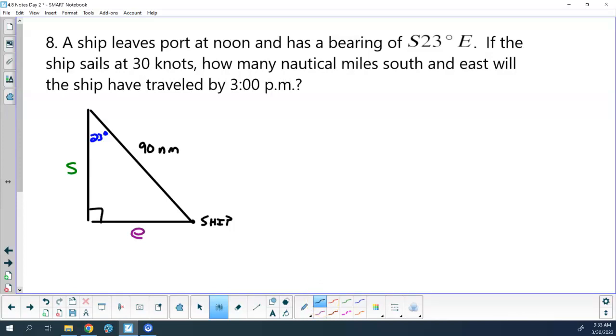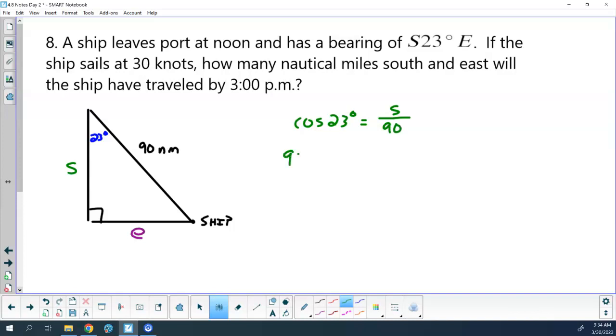Helpful. Later on Tuesday, we'll get into multiple forces. So we've got, so that would be cosine of 23 degrees is south over 90.